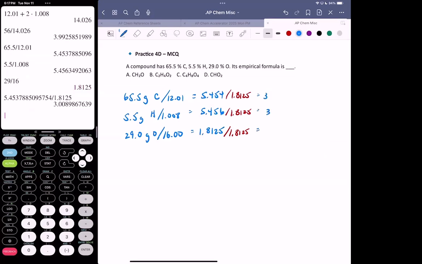So the empirical formula is C3H3O, which is not one of these. Interesting. C3H3O. I think I'm right. Okay. Well, we're going to do C3H3O. Okay, moving on.